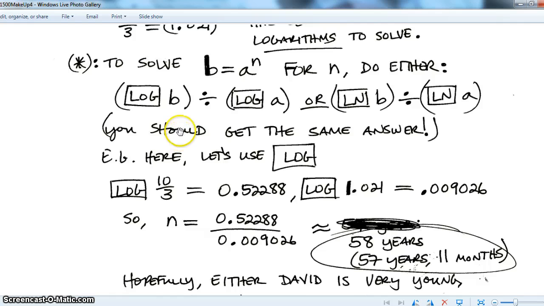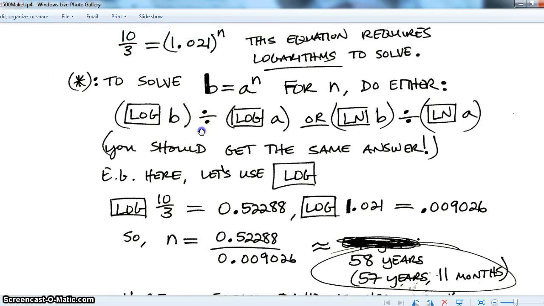What you're going to enter is the log of the number on the left, so the log of the number that doesn't have the exponent, and you divide that by the log of the base of the exponent. So if it's b equals a to the n, you take the log of b.